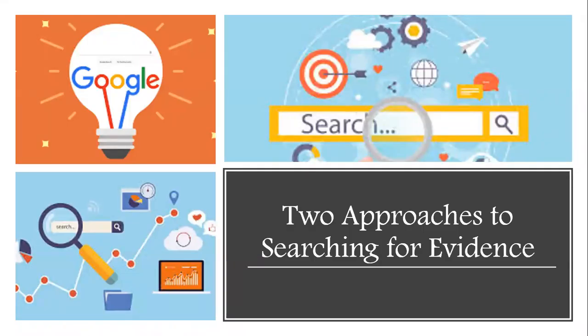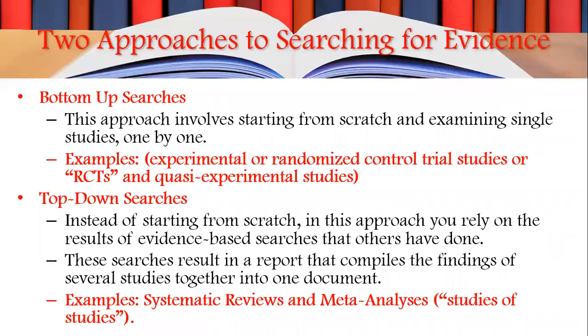So before we get into the particulars of how to search the literature, I want to talk a little bit about 2 approaches to searching for evidence, and this is covered in your text. So the first is a bottom-up search, and this approach involves starting from scratch and examining single studies one by one, okay?